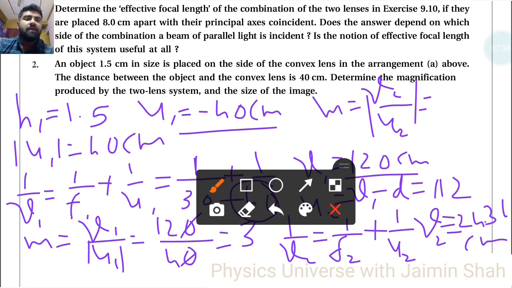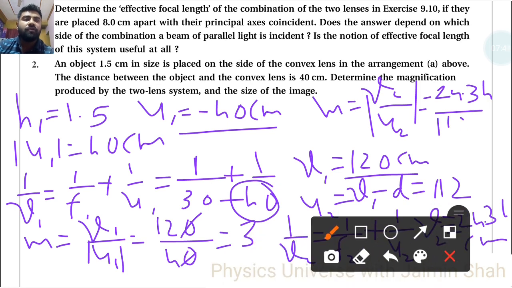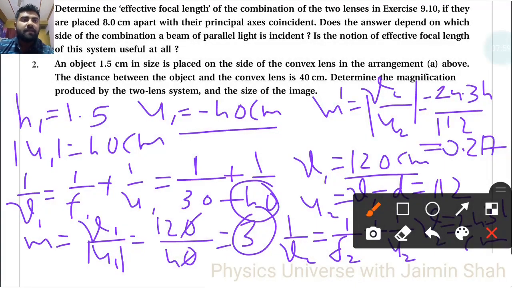So 24.34 upon u2, u2 is 112, so 24 upon 112 is 0.217. So this is our m dash. Earlier we found m, that is 3.